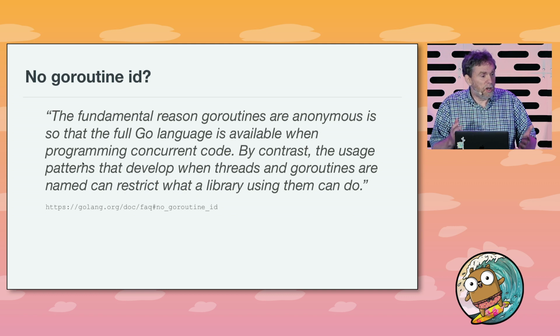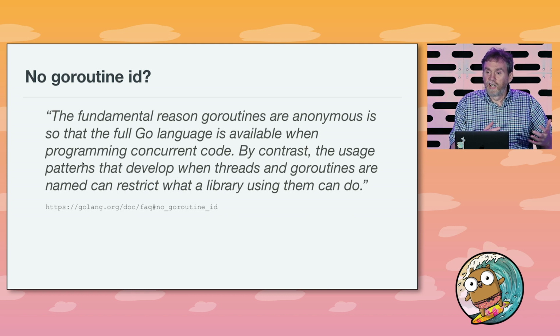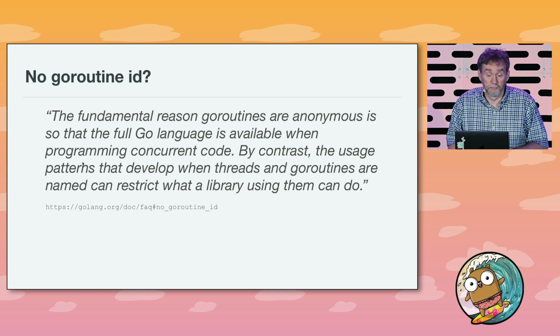But let's talk for a minute about Go routine IDs and understand a little bit why people think those are a bad idea, to help us understand why the idea I'm proposing is a good idea, or at least a different idea. So here's something from the Go routine documentation explaining why it's a bad idea to have Go routine IDs.